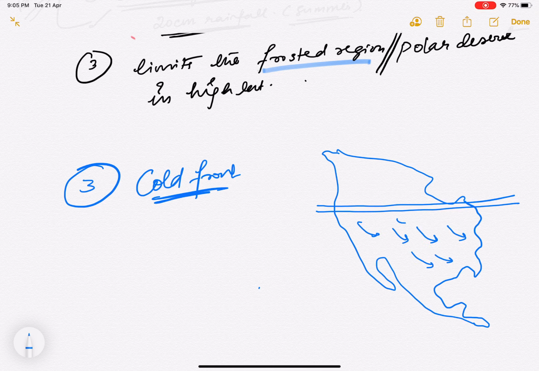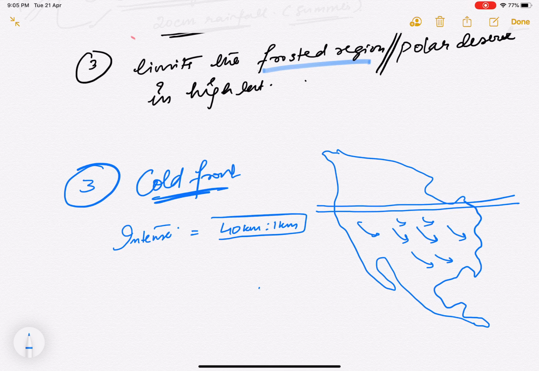Now obviously both the warm front and the cold front have one thing in common, that they are causing precipitation. But again, within the precipitation there is a difference. The warm front precipitation is gentle, covering a larger area. For every 80 kilometers there is 1 kilometer rise.